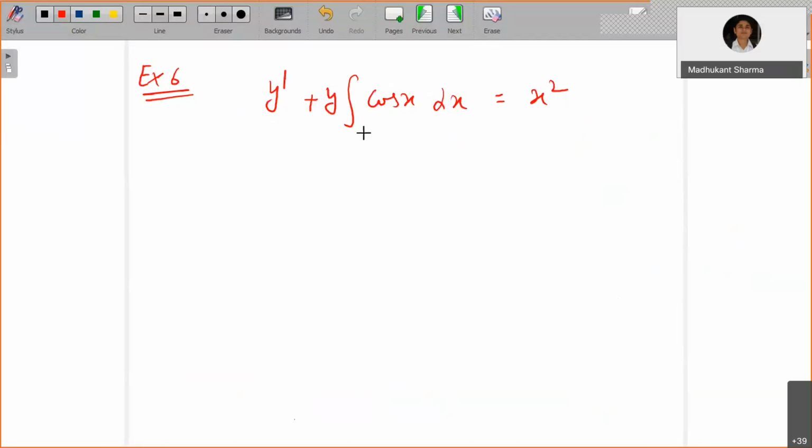Now what we can do is work out this integration term. You know the integration of cos x is sin x. So I can write y dash plus sin x times y equals x square.